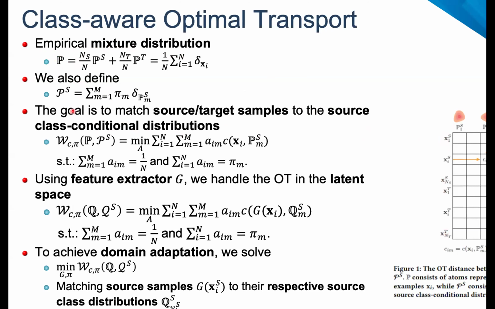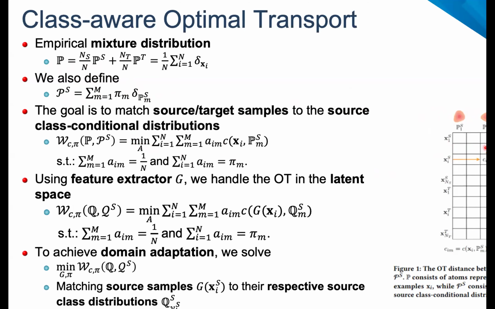In the meanwhile, we define P_S here as a distribution over the class conditional distributions. So the particles of P_S consist of the class conditional distributions. And we examine the Wasserstein distance, or optimal transport distance, between the mixture distribution P and P_S.